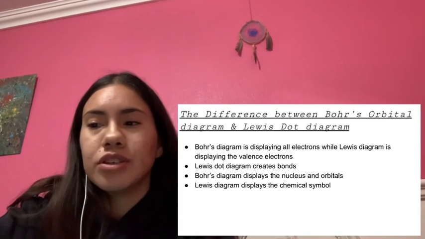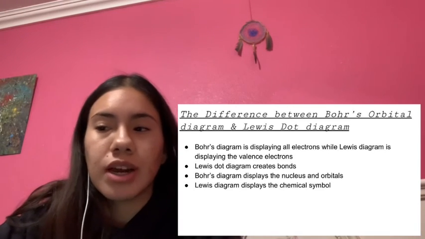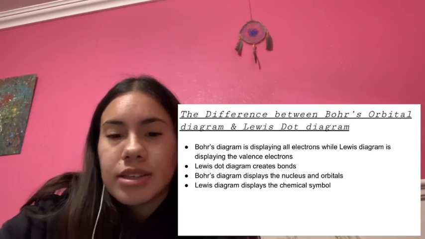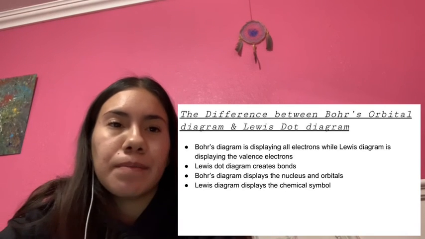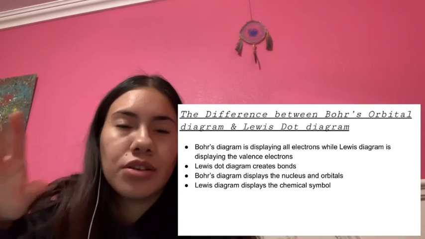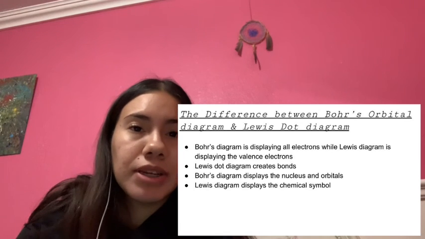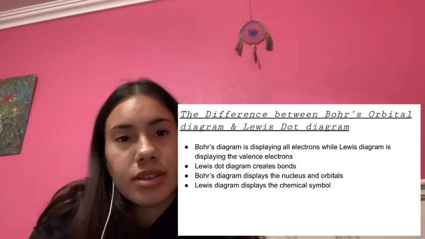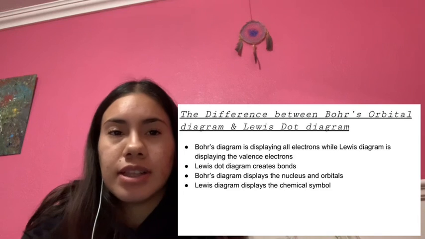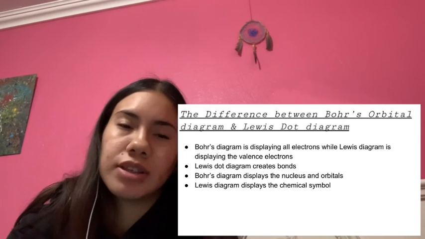So the difference between Bohr's orbital diagram and Lewis dot diagram is that Bohr's diagram is displaying all the electrons that an element has, while Lewis dot diagram is looking at just the valence electrons, so the electrons in the outer orbital.